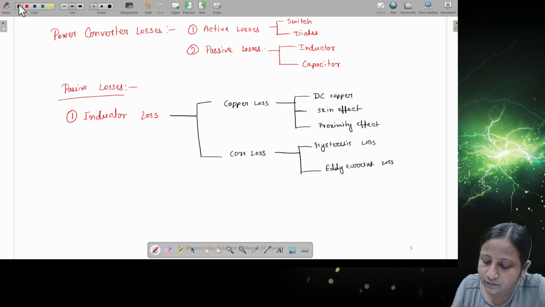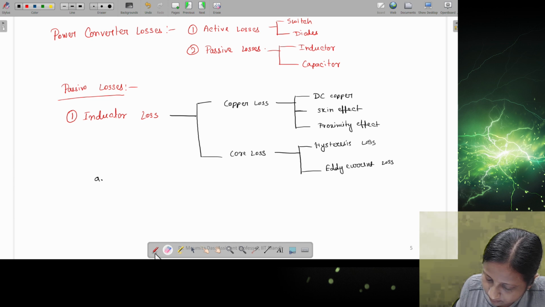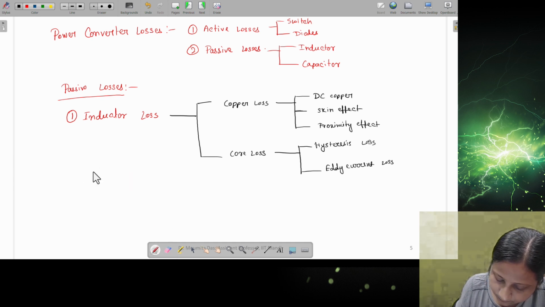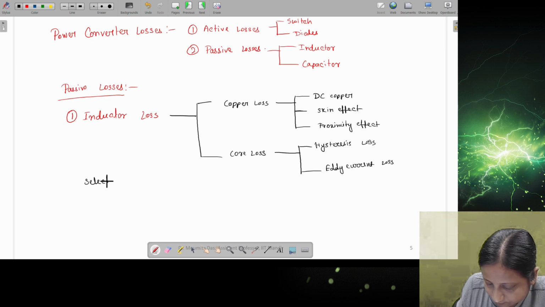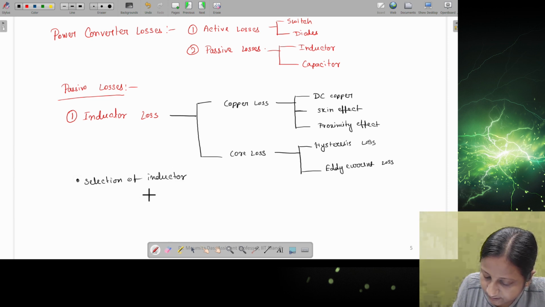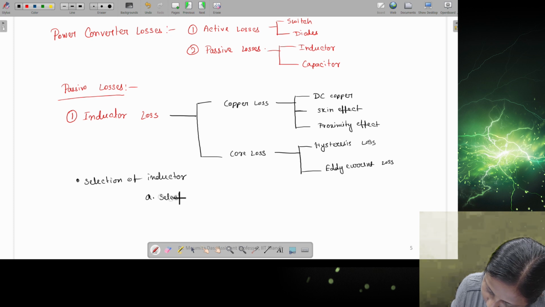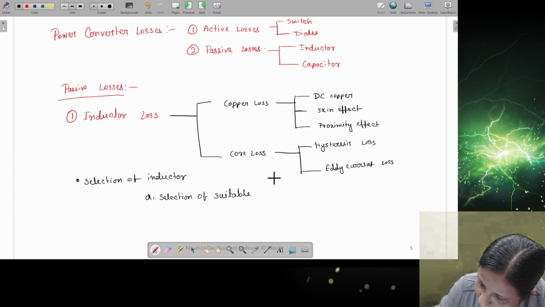Any inductor will have these losses, but how to optimize the inductor in the system depends upon, first, the selection of suitable core material.